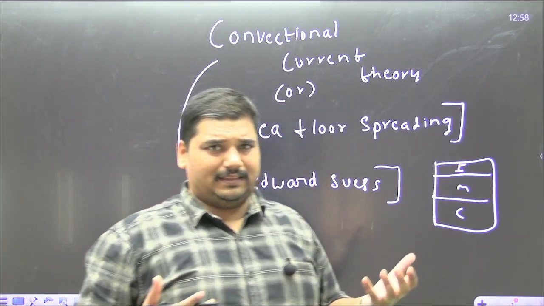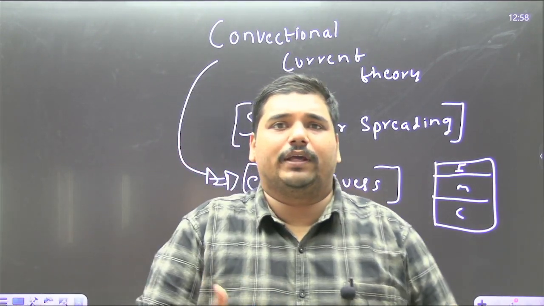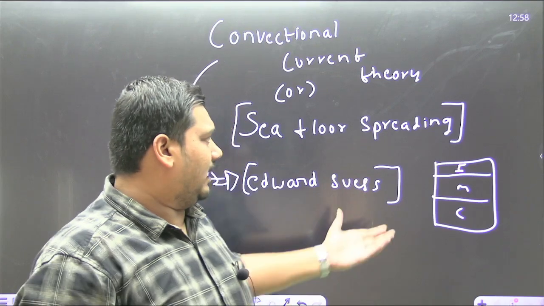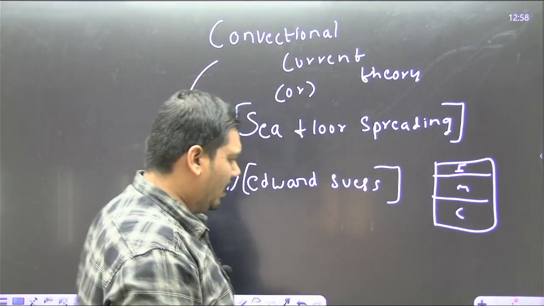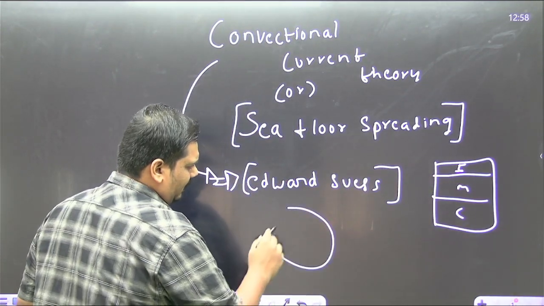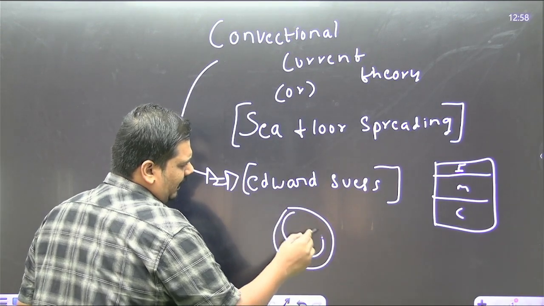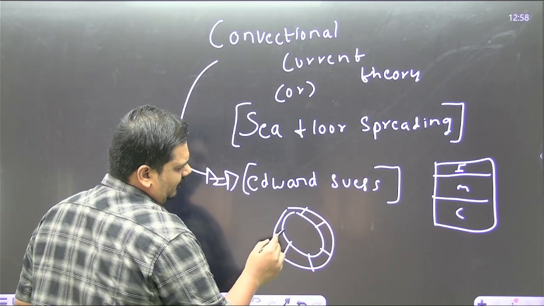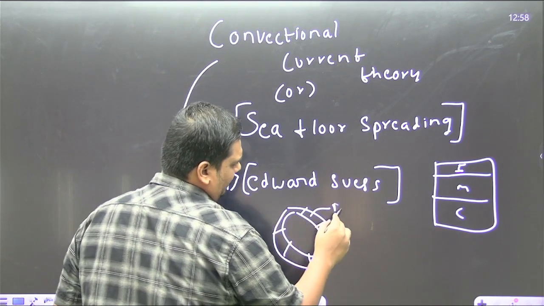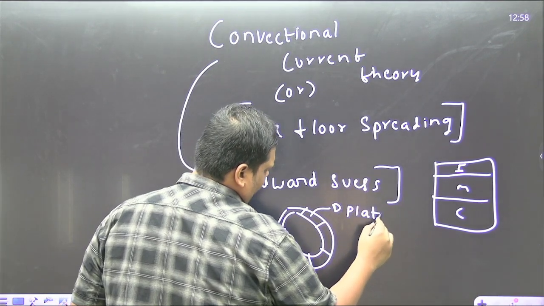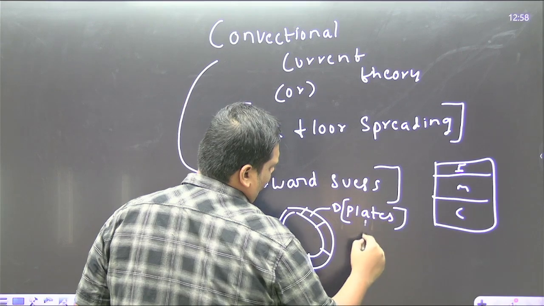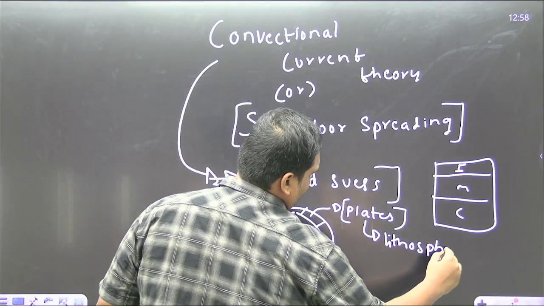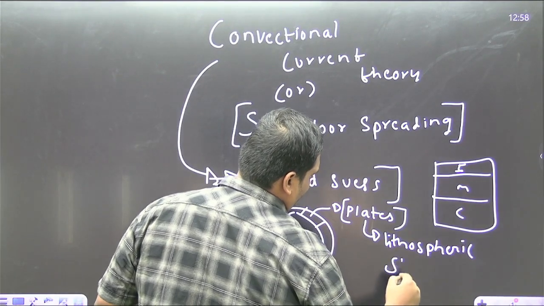This crust is supposedly floating on the mantle and core, and since it floats, the entire crust is not one single entity. There are various cracks within the crust which we call plates. These plates are also known as lithospheric slabs.